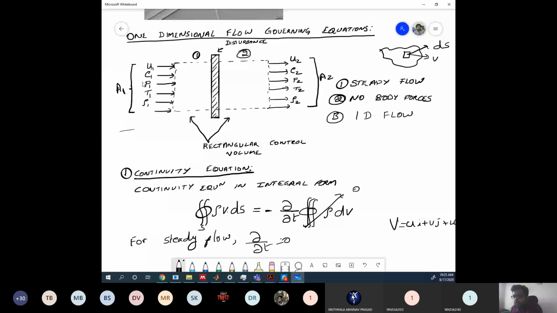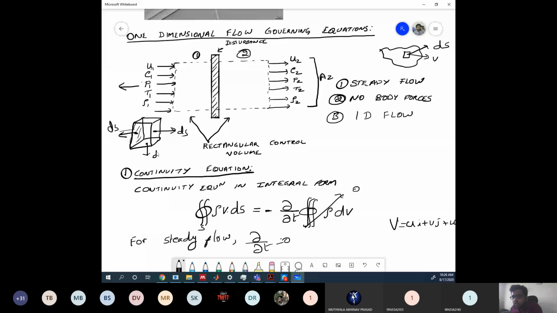Let's take a cubical element like this. This sign convention is very important. This particular area will have its direction in ds, this one in this direction, and this one in this direction.